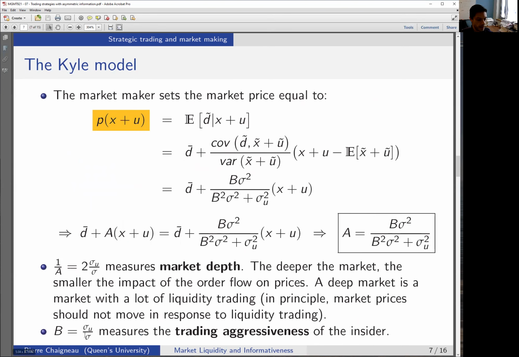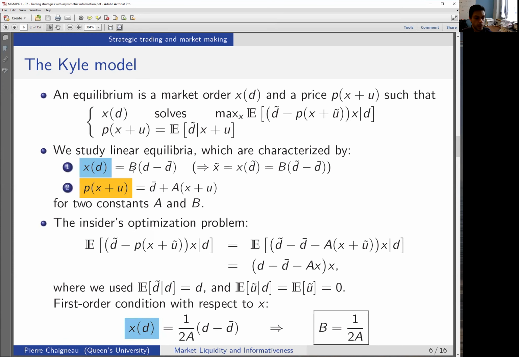Okay. Now, what about this second parameter B? So what is B again? Well, B is the sensitivity of the insider's demand to the insider's information, D. And so the larger B is, the more aggressively the insider is going to trade based on his information.